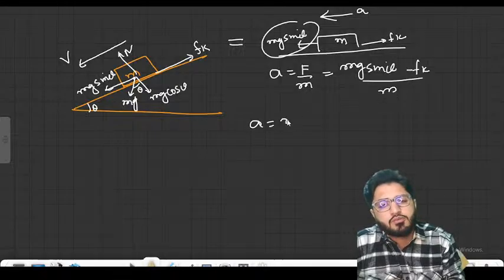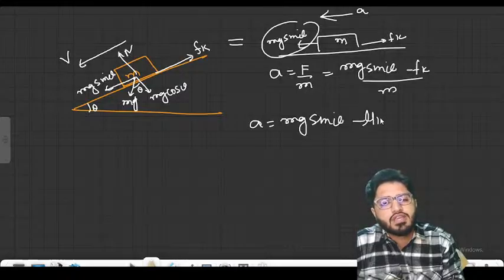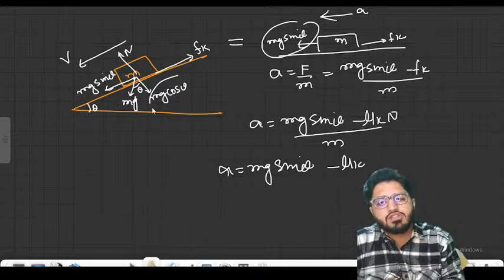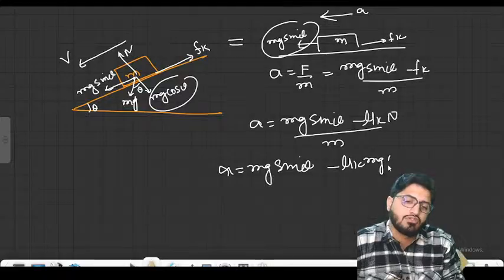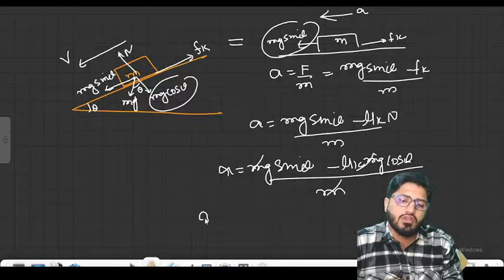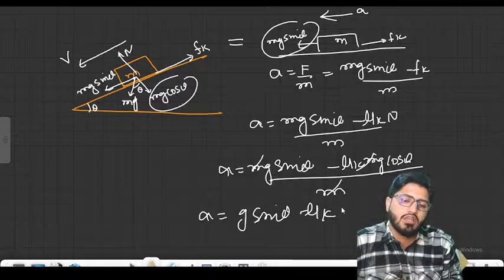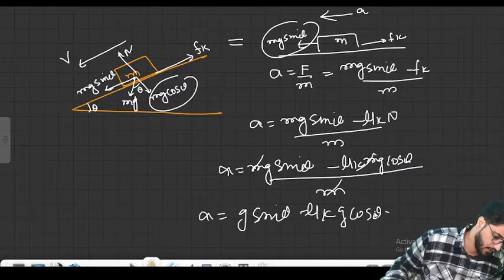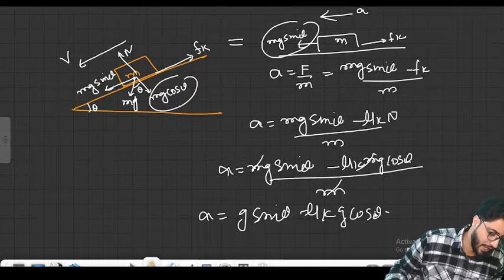So a comes out to be mg sin theta minus fk, where fk is mu k times N, divided by m. N equals mg cos theta, so I can write mg cos theta divided by m. The m cancels out. So a comes out to be g sin theta minus mu k g cos theta. This is the third time I am explaining it, and I hope you got it this time.